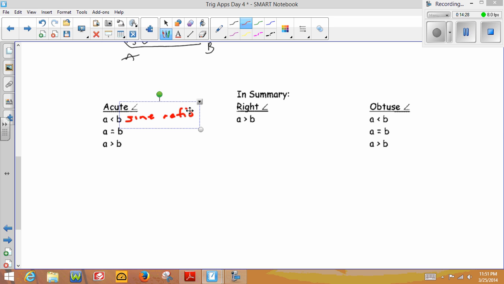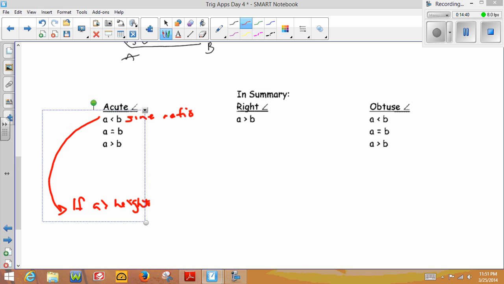And when we're using our sine ratio, if A is greater than the height, we have two triangles.